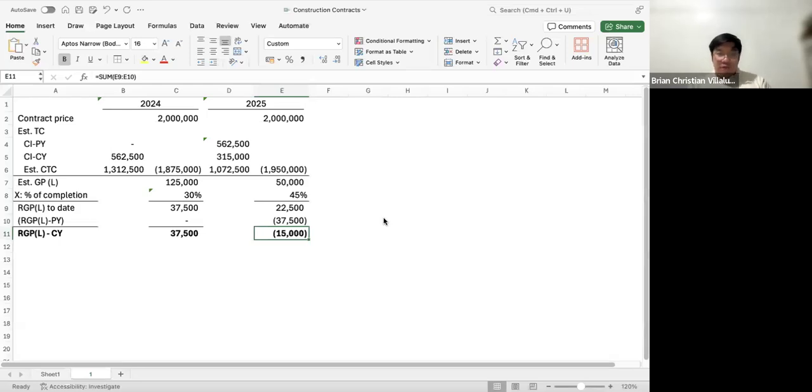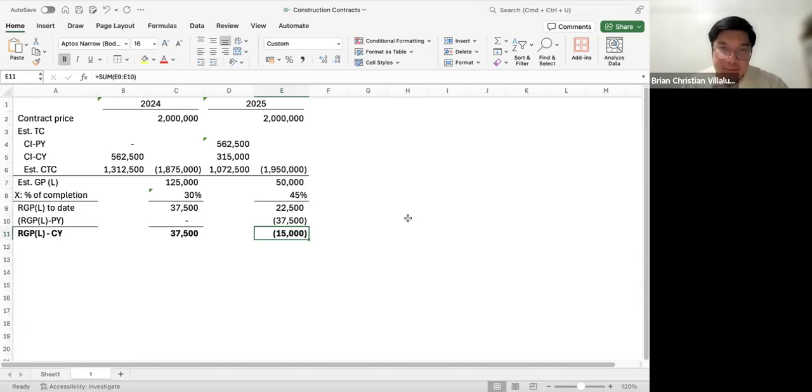So for 2025 class, ang sagot naman natin dyan is loss of 15,000. So bakit tayo nagka-loss? That is because bumaba yung estimated gross profit natin. Which is normal lang, no? Normal lang yan sa practice. Naiintindihan?